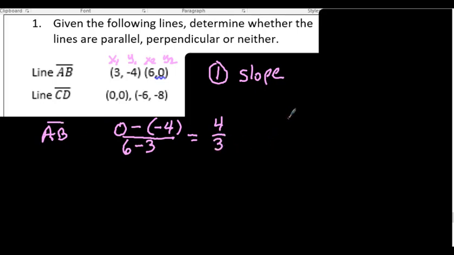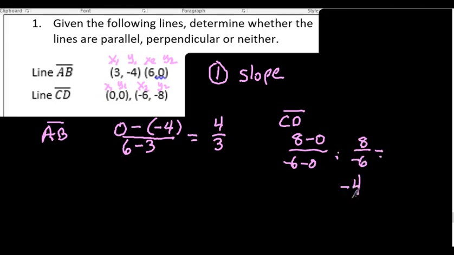So what does CD look like? Once again, x1, y1, x2, y2. If I do y2 minus y1, 8 minus 0, and -6 minus 0, that's going to give me 8 and -6, which would simplify to -4/3.